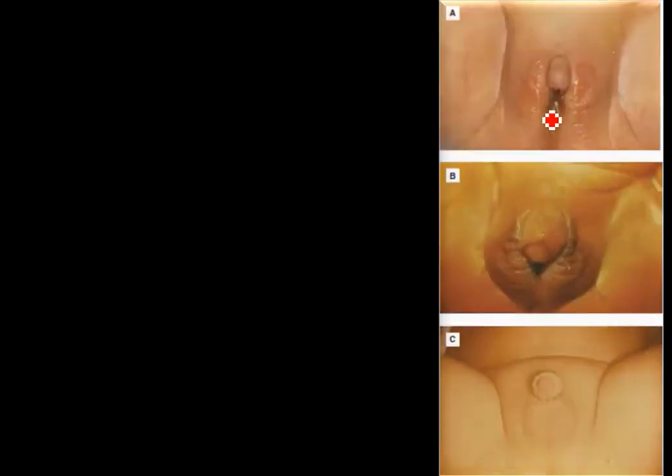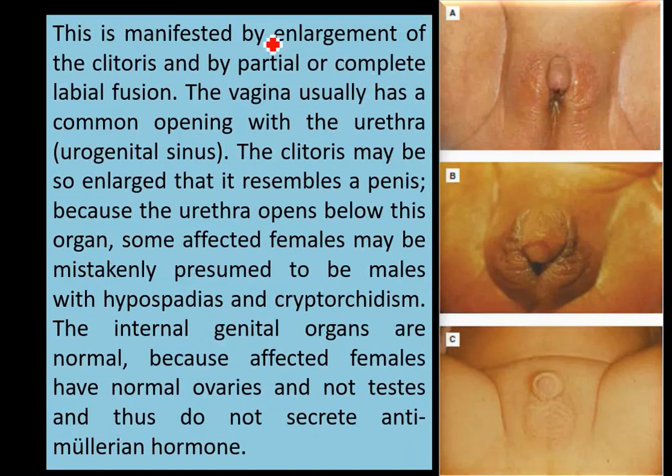In this slide, there is a picture of the distorted external genitalia, known as ambiguous genitalia, showing the big clitoris and the partial labial fusion. This is manifested by the enlargement of the clitoris and by the partial or complete labial fusion.